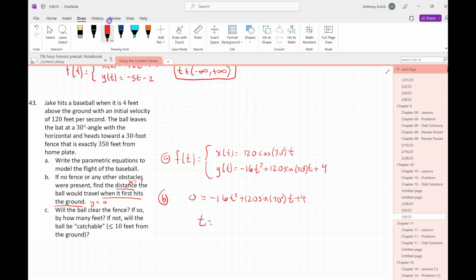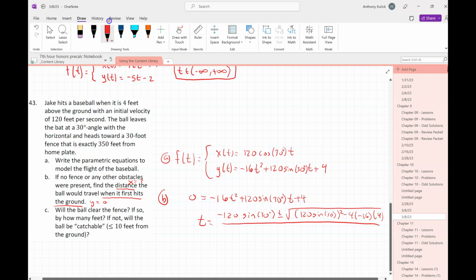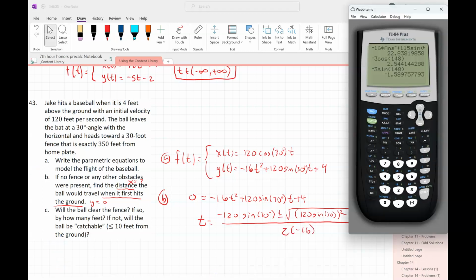We'll use the quadratic formula to solve this. And now I have to be careful.